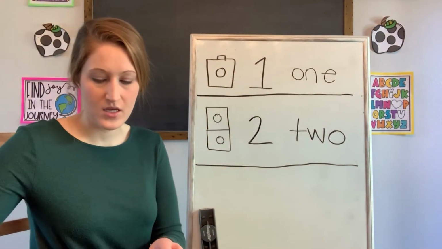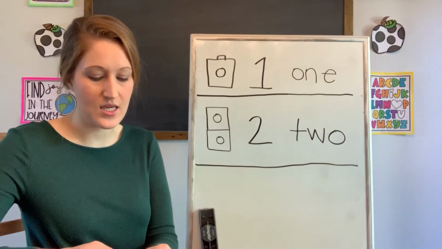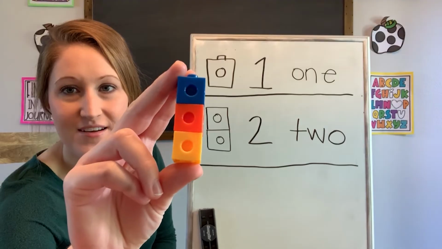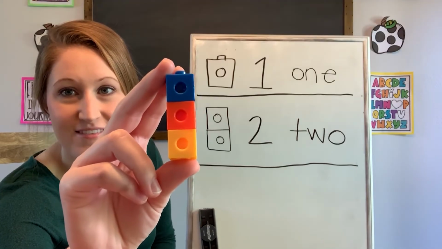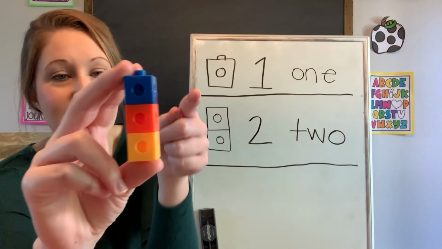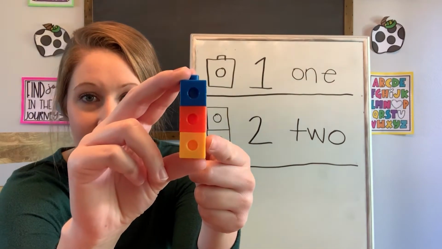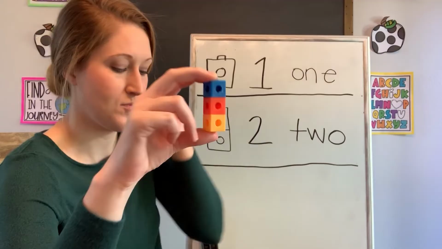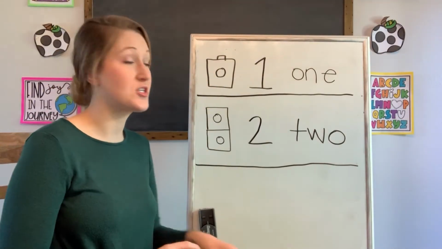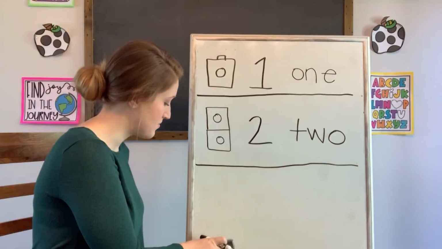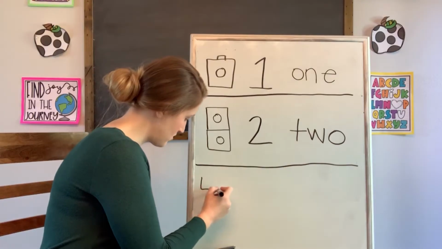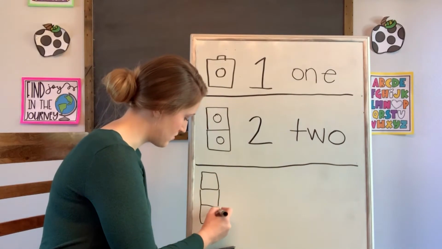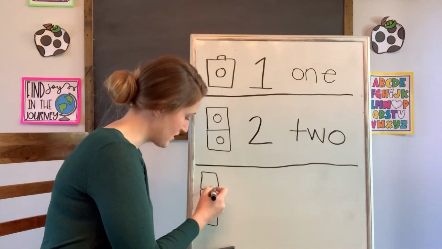All right, let's try another one. How many do you see now? Here's a new set. How many are there? Very good, there's 3. 1, 2, 3. So to represent mine, I'm going to start by drawing a picture. 1, 2, 3.